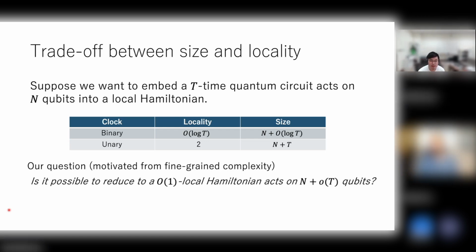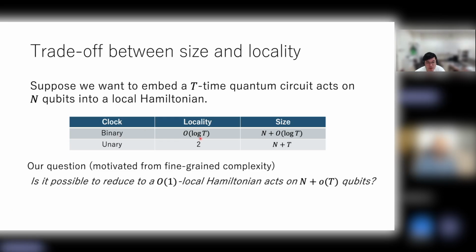As we've seen, there are two canonical clock constructions. One is binary, and the other is unary. There's a kind of trade-off for the locality and size.